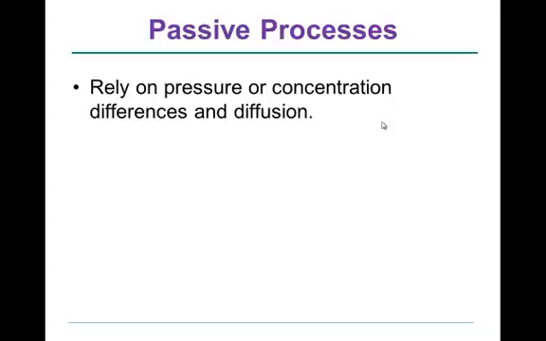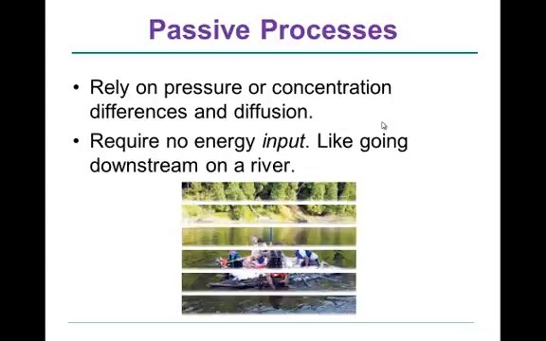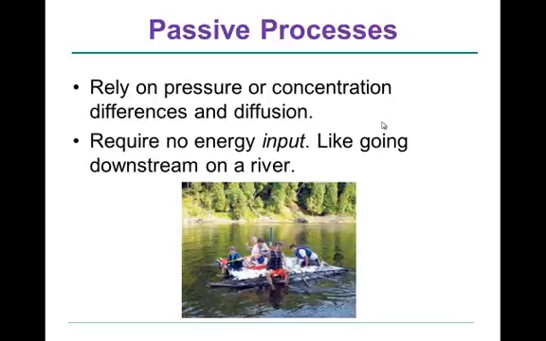It's not that it doesn't require any energy, it's that all the energy that is required is already there in the concentration gradient. And so this is kind of like a river in that respect. Moving downstream, you don't have to supply any energy, and transport occurs as you move downstream. The energy is there in the stream, just as the energy is in the concentration gradient.